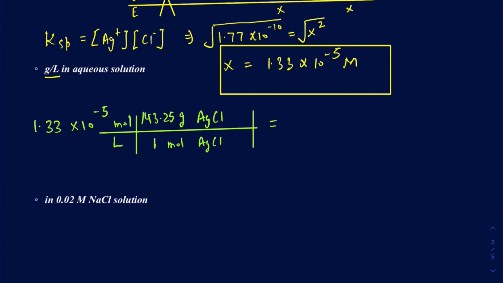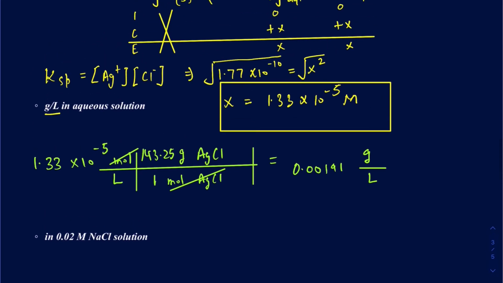Doing so, your moles of AgCl will cancel out, and that's going to leave you with grams of AgCl per liter, which is what we were trying to figure out. When I multiply 143.25 by 1.33 times 10 to the power negative 5, it comes out to be 0.00191 grams per liter. So that's going to be your solubility in grams over liters.